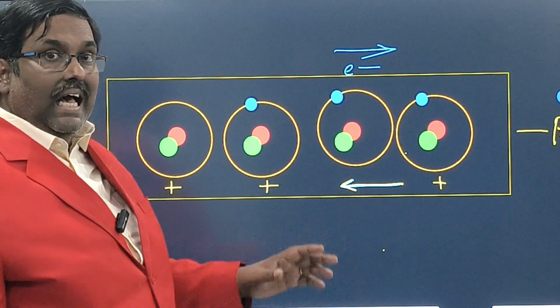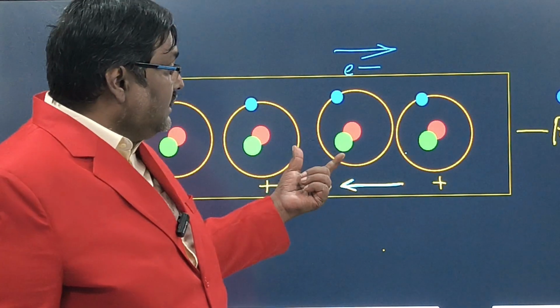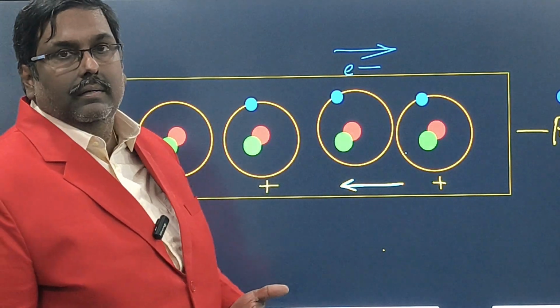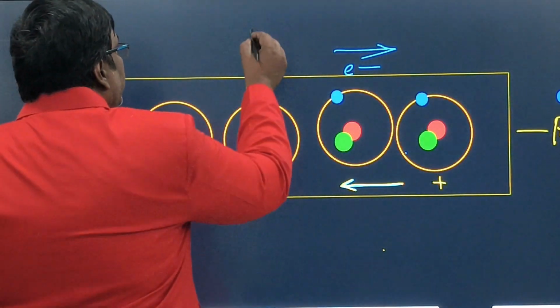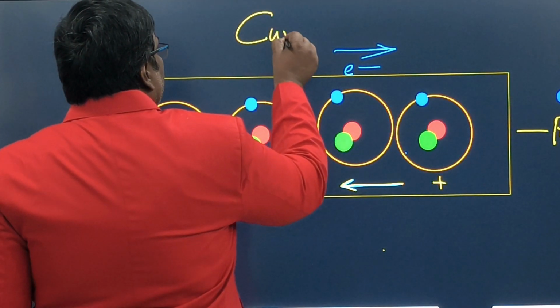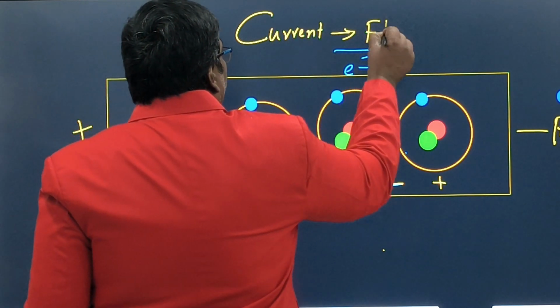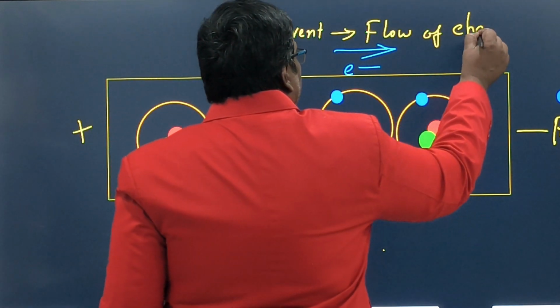This flow of charges is called current. So now you tell me, what is meant by current? It is a flow of charges. Current means flow of charges.